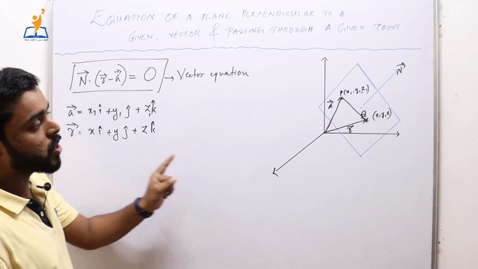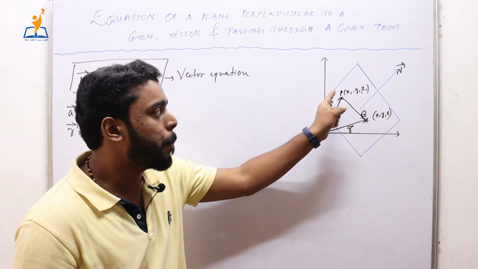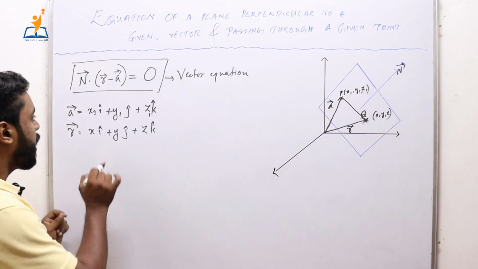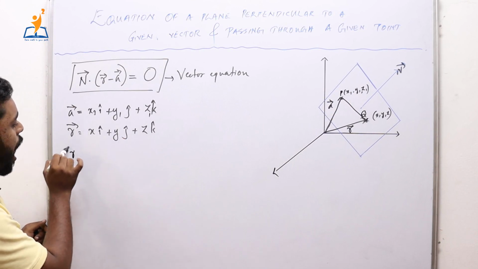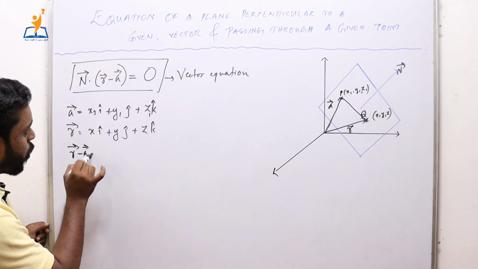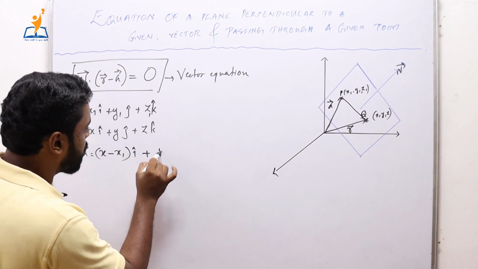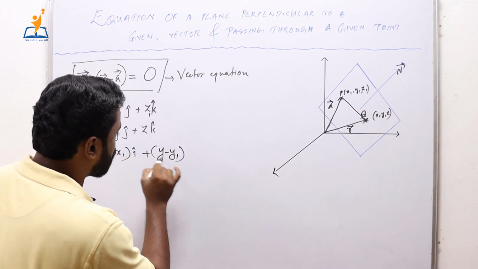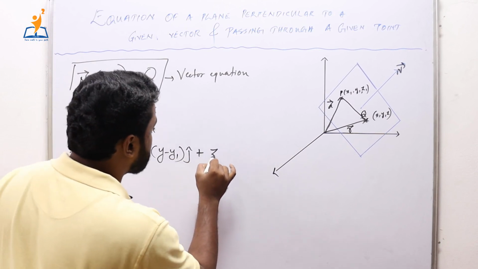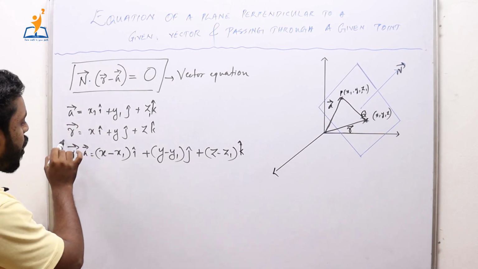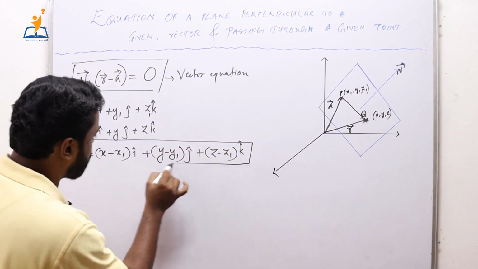Because r is the position vector of the point x, y, z, and a is the position vector of the point x1, y1, z1. Therefore, we have r minus a is equal to (x minus x1) i cap plus (y minus y1) j cap plus (z minus z1) k cap, isn't it? So, we have r minus a is equal to this.